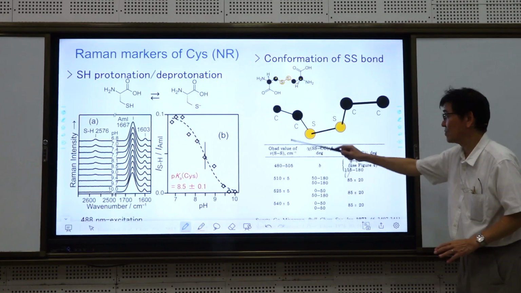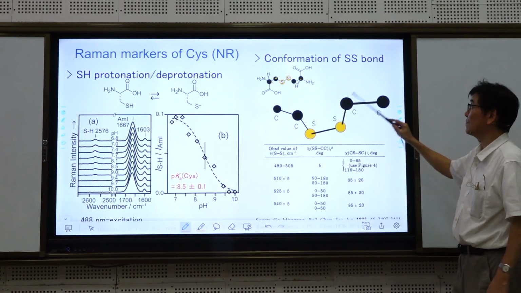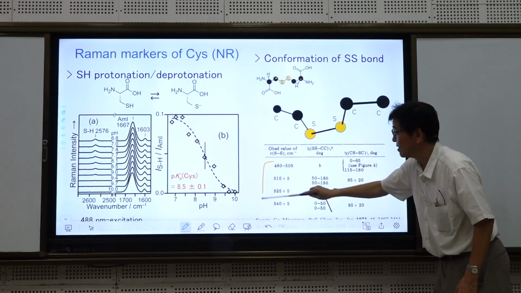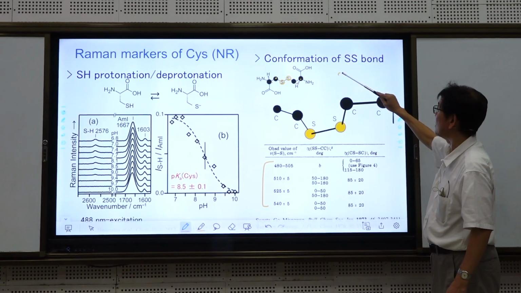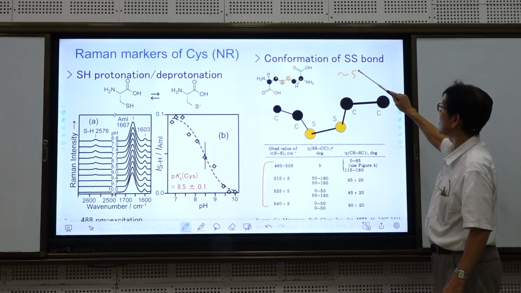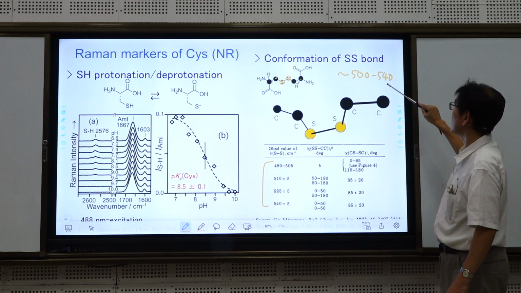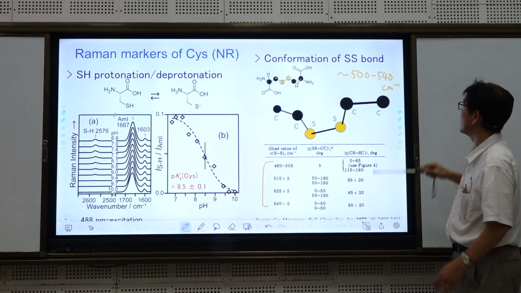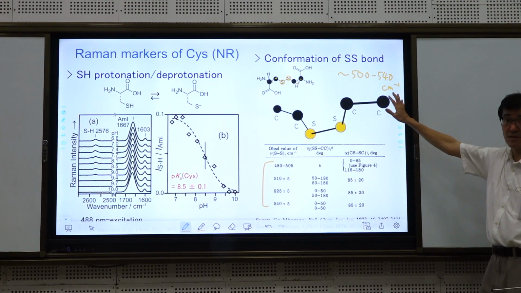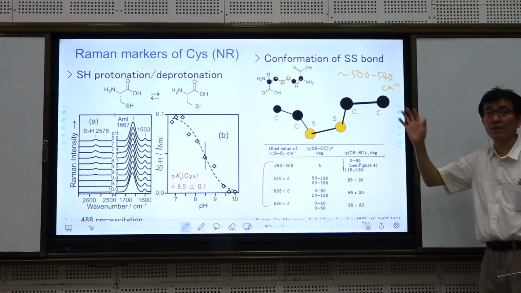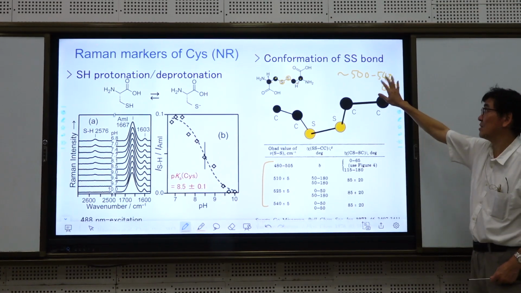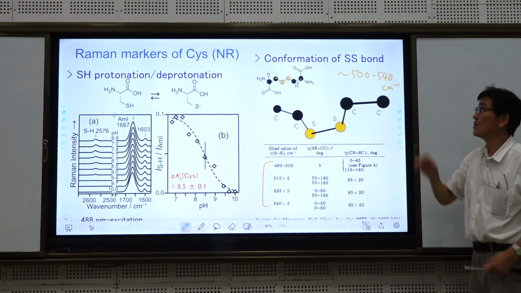I skip the details of this table, but the SS bond near 500 to 540 wavenumber is very characteristic, and there is no other peak in this region in principle.